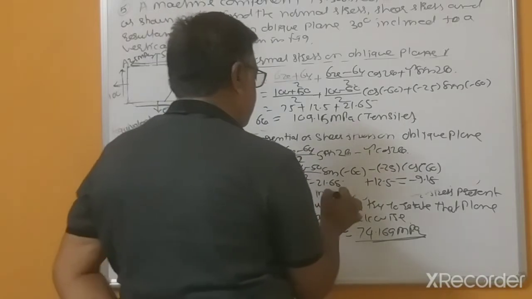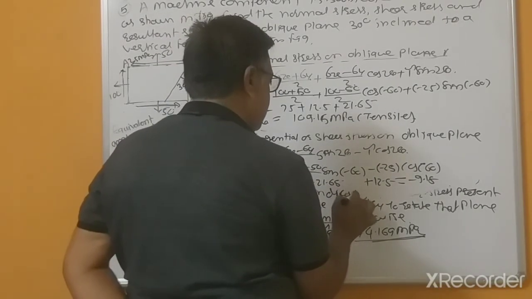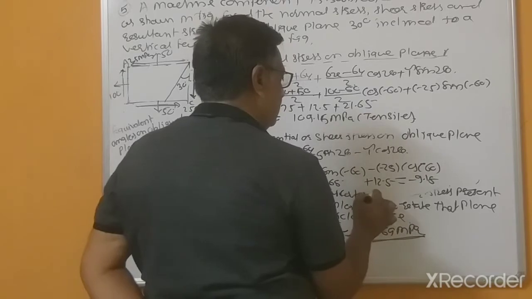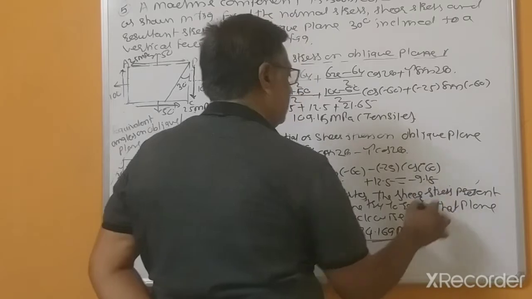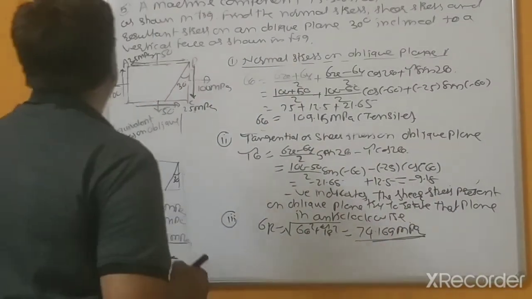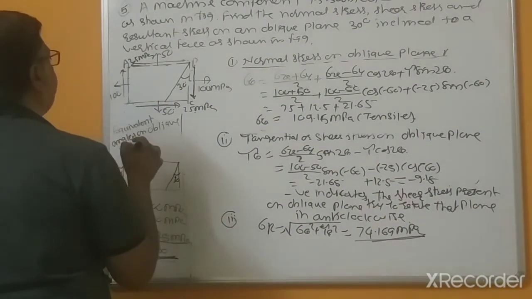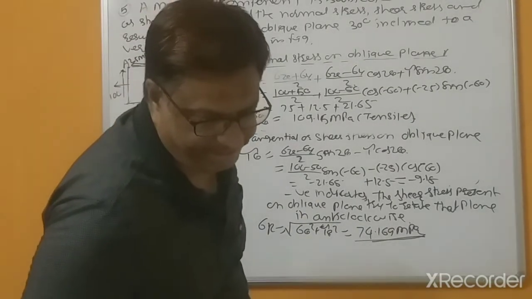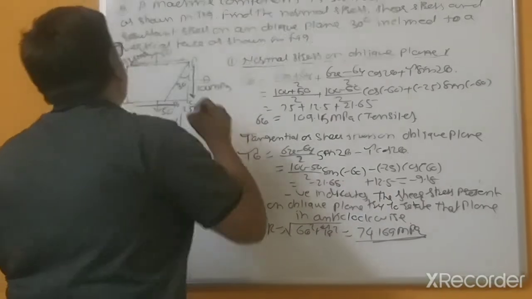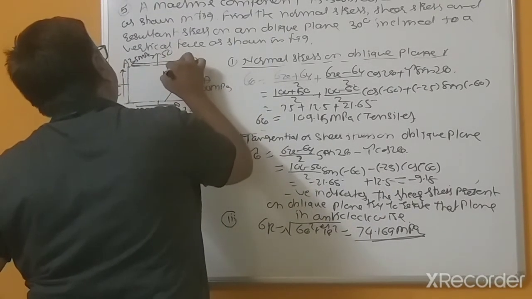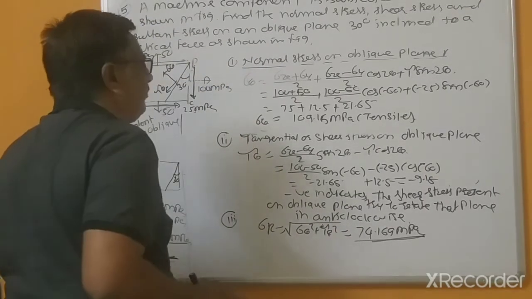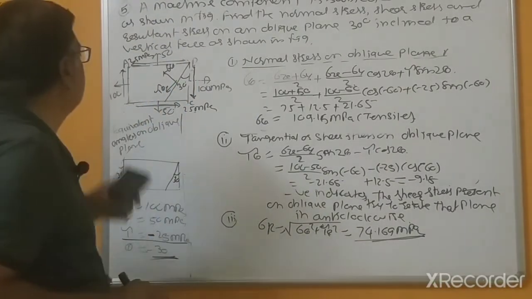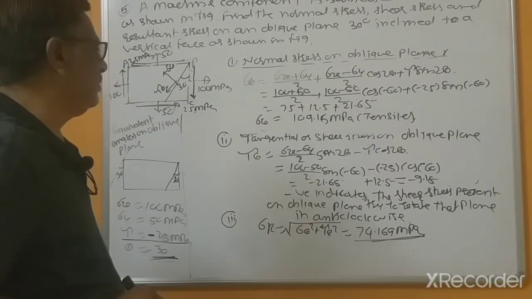So that's why the negative sign indicates the shear stress present on the plane. So this is sigma theta and this is tau theta. Only this is the change.